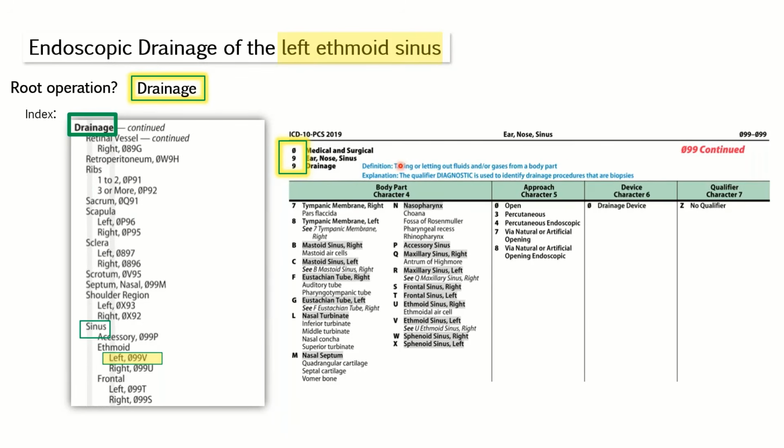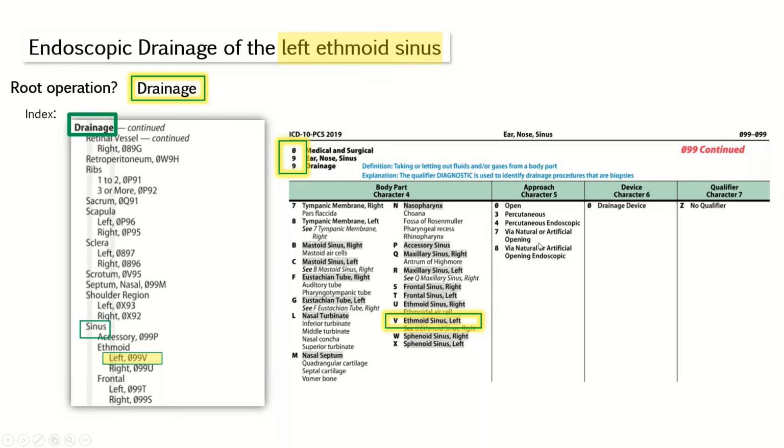It means taking or letting out fluids and or gases from a body part. Okay, that's exactly what happened. We're draining the sinus. So what is our 4th character? Well, according to the default, it's V. Let's go ahead and verify that, yes, it is V. Ethmoid sinus, left. See how specific these codes are, coders?